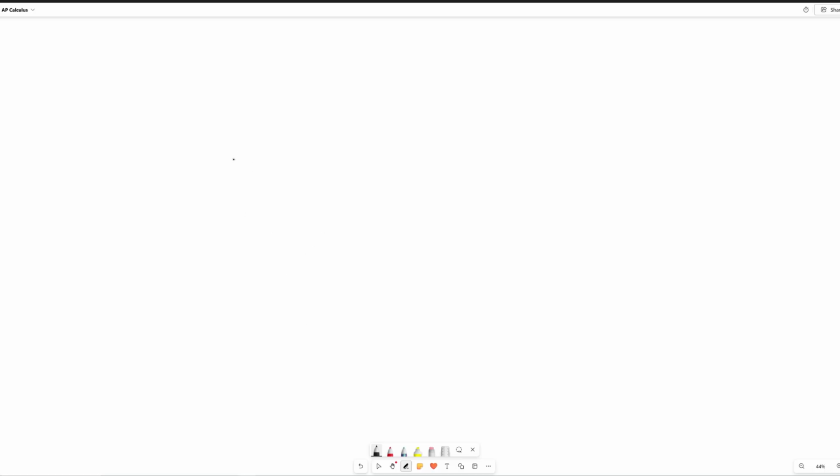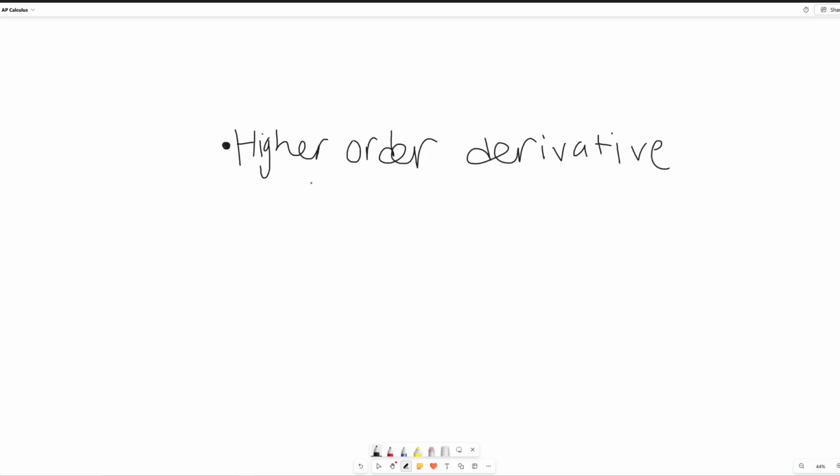So, key takeaways. If you want to take the derivative multiple times, called a higher order derivative, you just take it multiple times. You just take the x squared, or x cubed, 3x squared, 6x, dot, dot, dot.